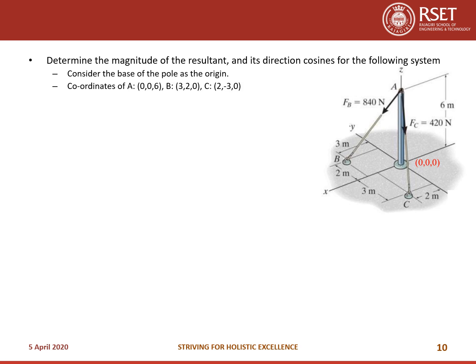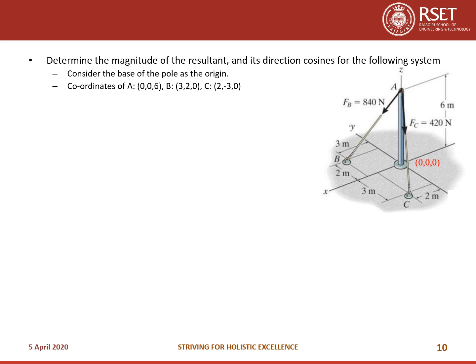As I said, the coordinate of A will be 0, 0, 6. For the coordinate of B, B is in the xy plane, and along the positive x direction it is going by a distance of 3. So x is 3. Along the positive y direction, it is going by a distance of 2. So y is 2, and since it is in the xy plane, z coordinate is 0.